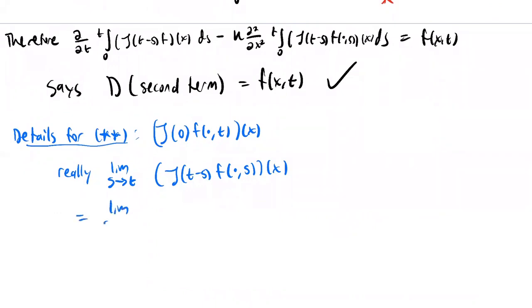Well, this is the limit as s goes to 0 or s goes to t of, well, the solution operator is this integral involving the Gaussian, but now at time t minus s.